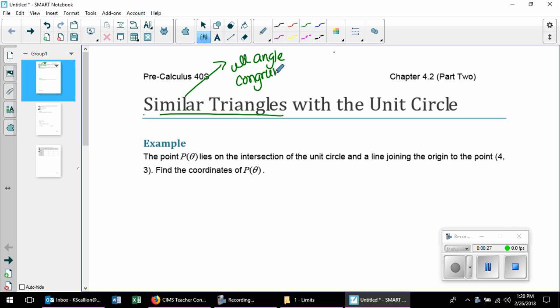All angles are congruent, so that means they're the exact same. And all sides are increased or decreased by the same ratio.